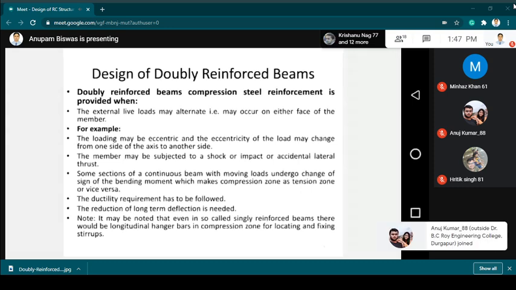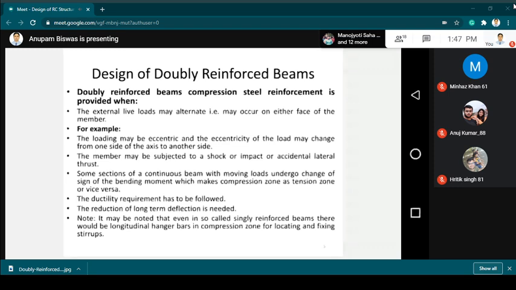But besides this, there are also horizontal loads in the form of earthquake and wind load which are coming to the structure. Due to this, you may sometimes find a change in bending moment of the beam when the load is considered in the lateral direction.